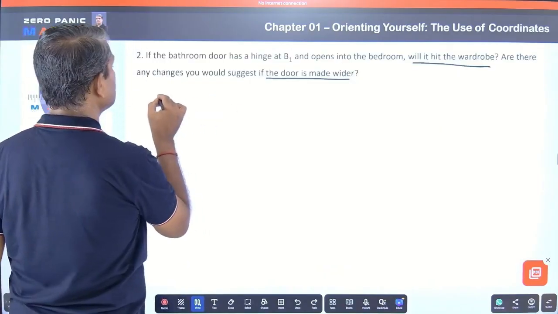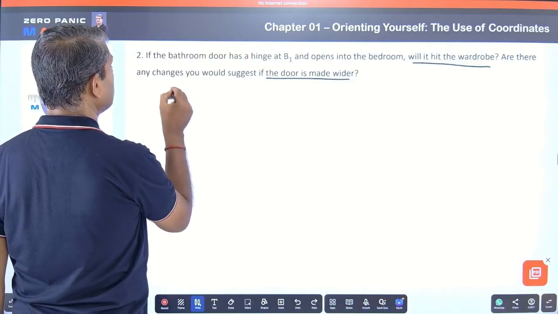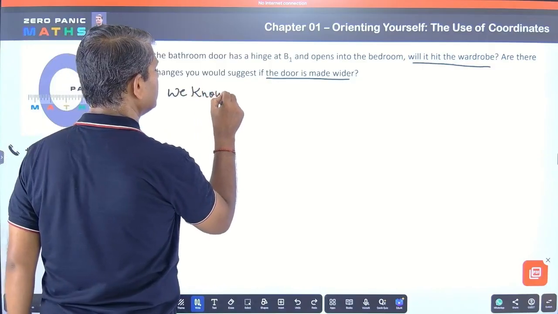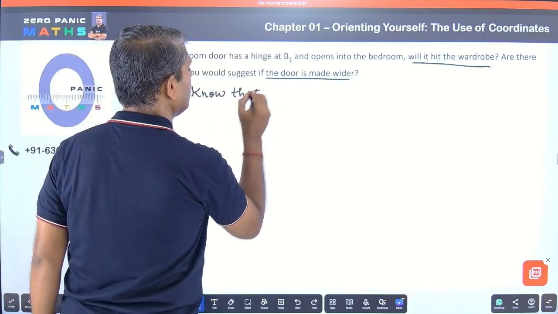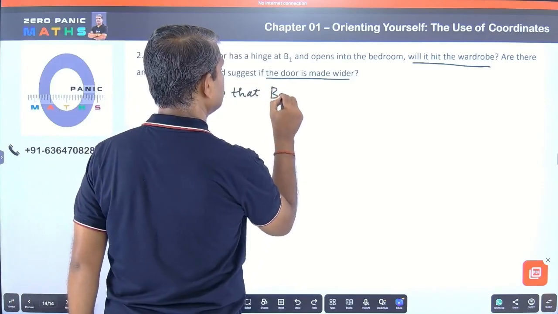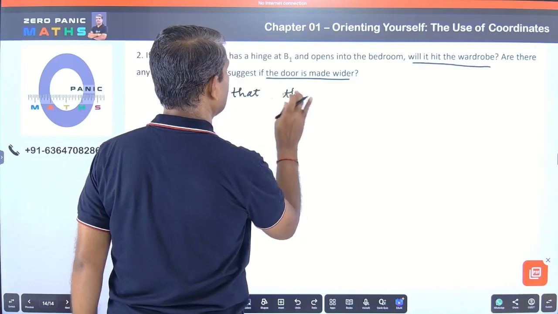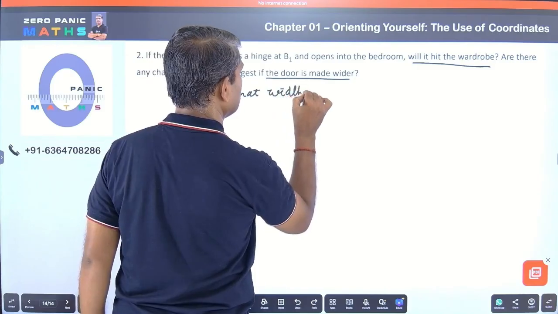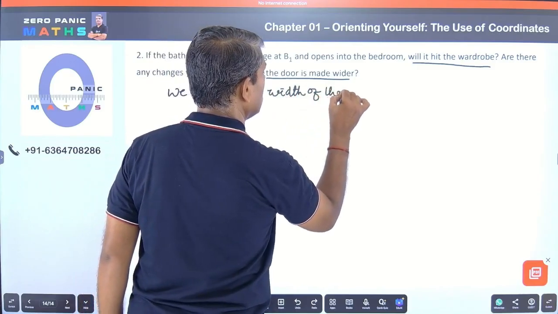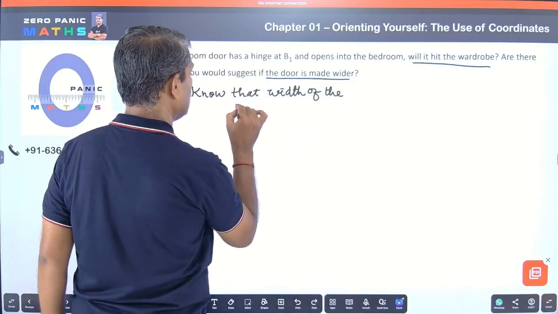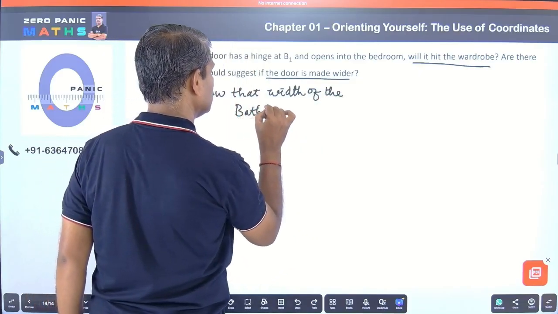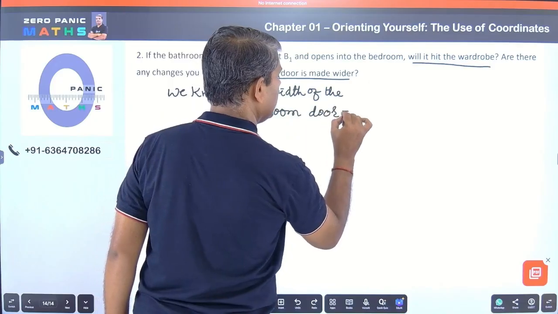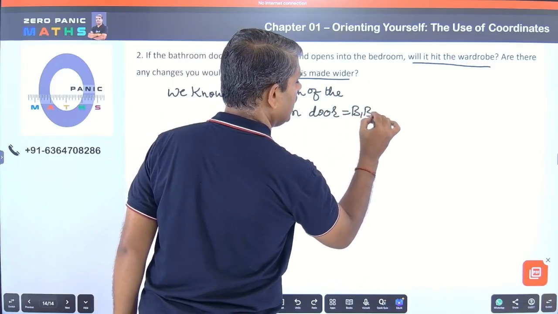So let B1B2 be the width of the door. Okay, width of the bathroom door. Here we know that the width of the bathroom door is B1B2, right?